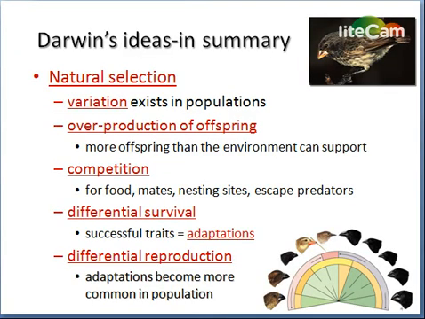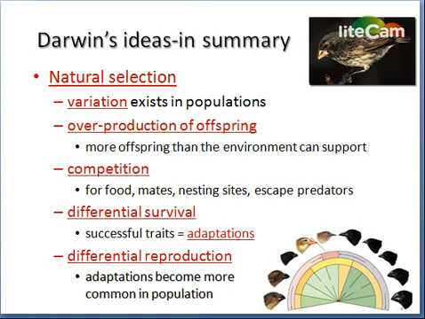So in summary, Darwin's ideas are that natural selection first starts with variation existing in populations. And we saw through chapter 21 that this variation is based in the genetic differences that exist and continue to arise. And that there is an overproduction of offspring. More offspring are produced than the environment can support, which leads to a competition for food, mates, nesting sites, an ability to escape predators.